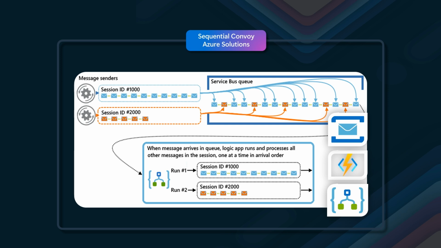In conclusion, adopting the sequential convoy pattern empowers us to build solutions that require strict order processing while maintaining high efficiency and scalability. By leveraging Azure's powerful messaging and processing capabilities, we can create robust and reliable systems that meet the demands of modern applications.